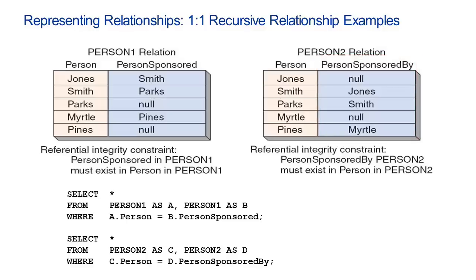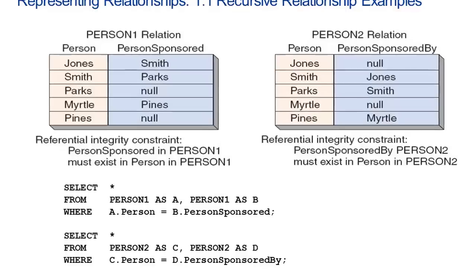Regardless of which strategy we take to implement the one-to-one recursive relationship, we will see that the approach which is used to run SQL queries related to the recursive relationship is quite interesting.